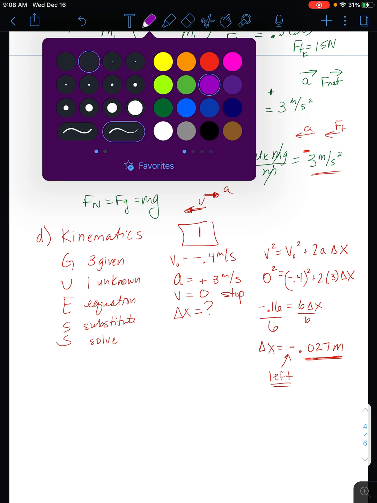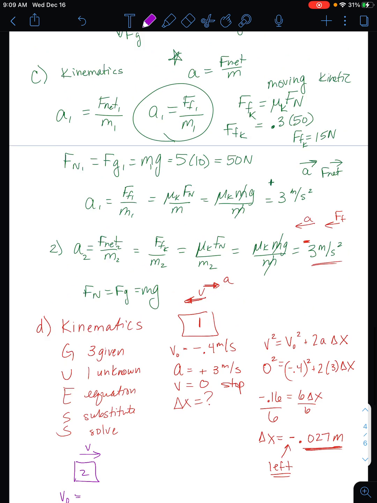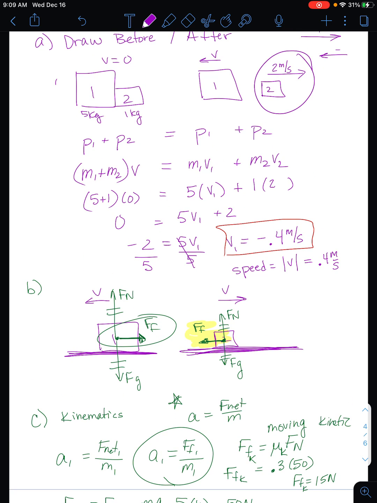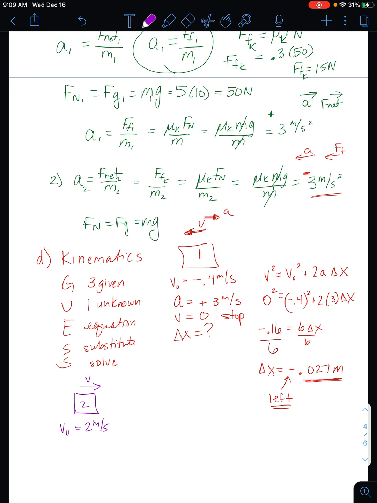Now we're going to do this same exact thing, but with block 2. Remember, block 2 is moving to the right, but it's slowing down. So when we list our 3 given variables here, our starting velocity for block 2 is 2 meters per second. So 2 meters per second is how fast it was going when it encountered the friction.